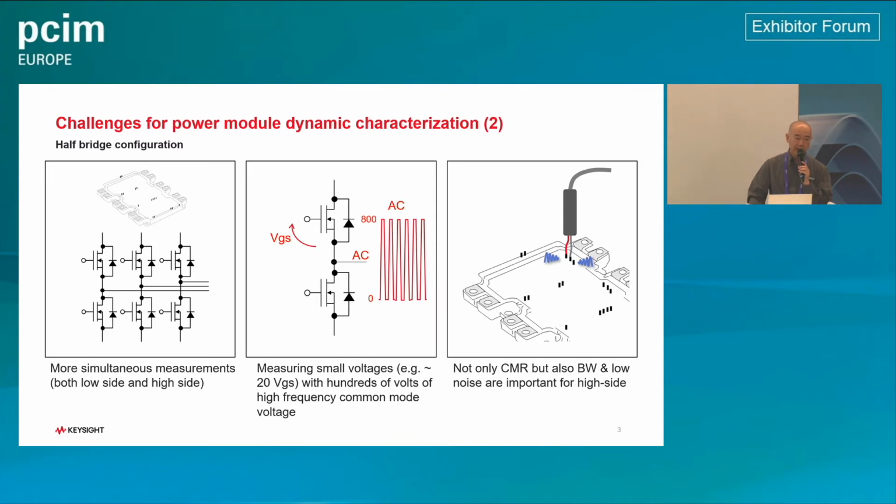To characterize the gate voltage at the high side accurately, you need to have a good common mode rejection. And not only common mode rejection, but also bandwidth is important. And another important thing is the low noise.